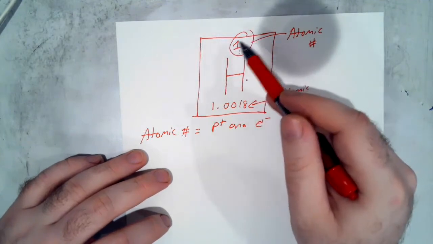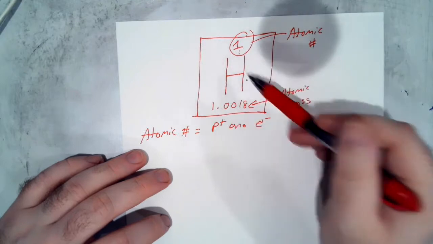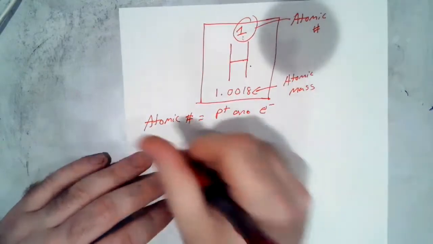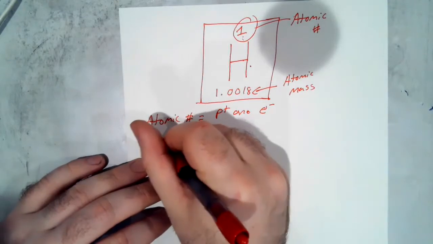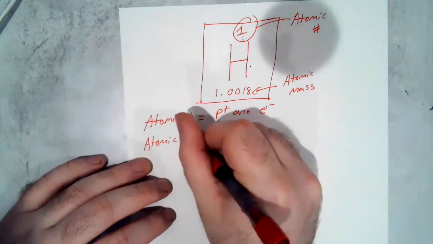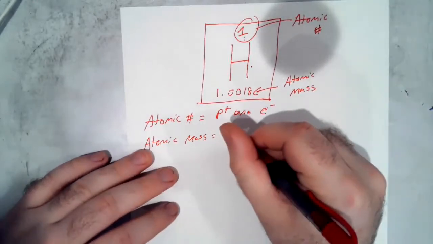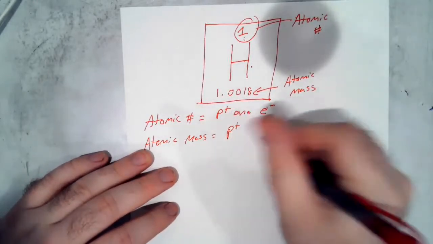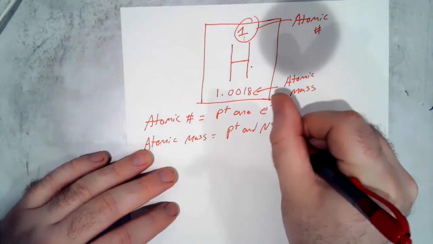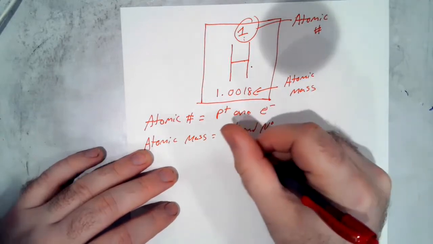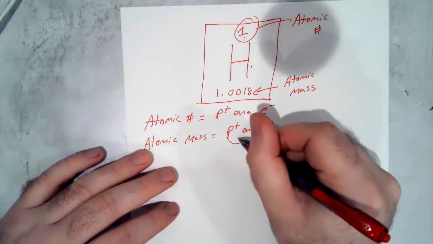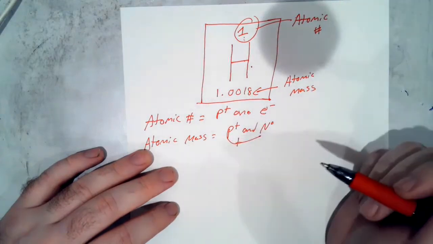No math involved there. If you can see a number, that's it right there. Now the atomic mass is a little bit different. That is the sum of protons and neutrons. So when you add protons and neutrons together, you get the atomic mass.